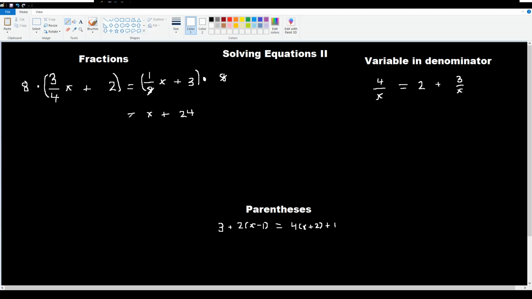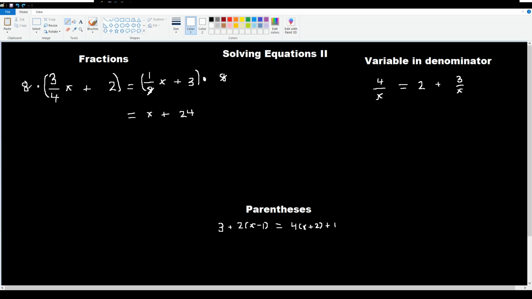Okay? Now you do the same thing on the other side. When you cross this out with 8, you get 1, and you get 2, because 4 divided by 4 is 1, and 8 divided by 4 is 2. Okay? And 2 times 3 is 6. So on here you would have 6x, and then actually what we're going to do here is take that out, because it could seem confusing when you distribute it to the other number.